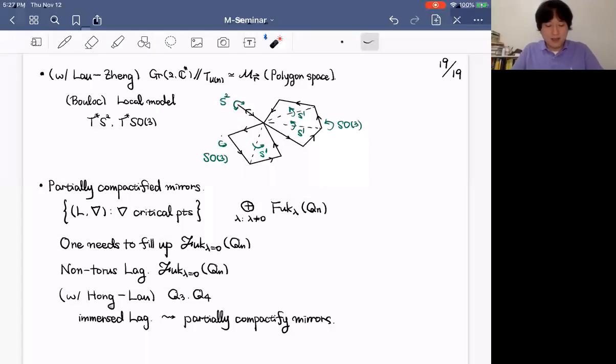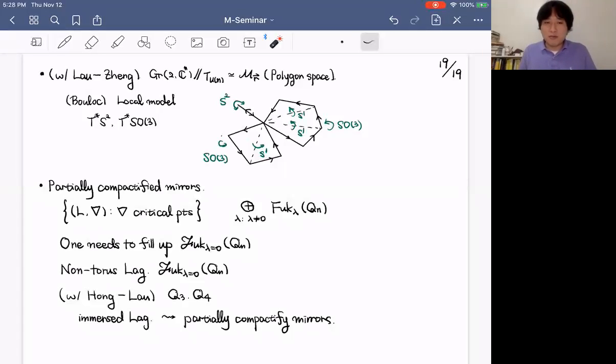Also, as I mentioned, our torus objects with a flat connection can cover the non-zero critical value summands. So basically, one needs to fill up the critical value zero summand.